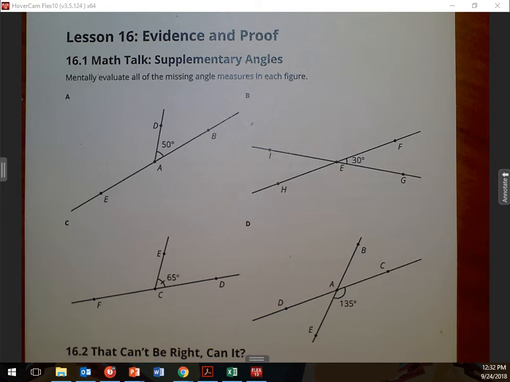Mentally evaluate the missing angle. Oh, when the mouse gets messed.